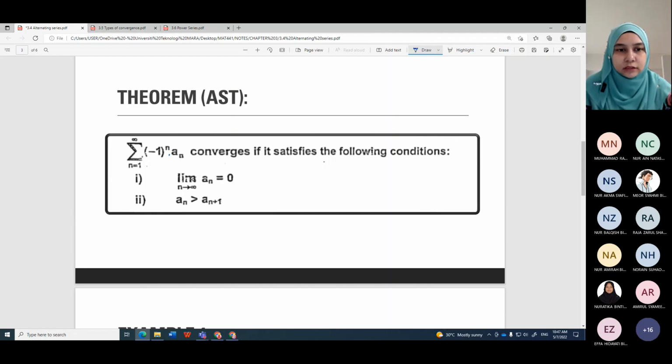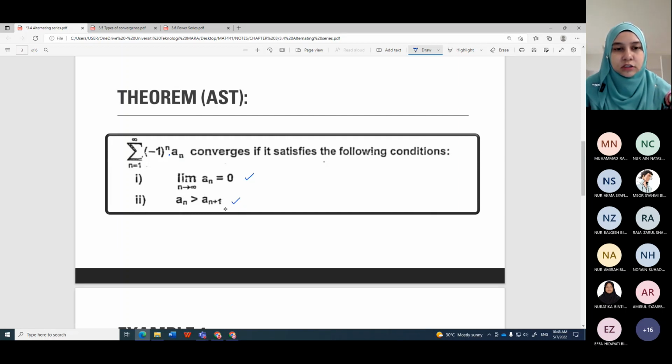Condition number 1: the limit of a sub n as n approaches infinity must equal 0. This is the first condition. The second condition: a sub n must be greater than a sub n plus 1.